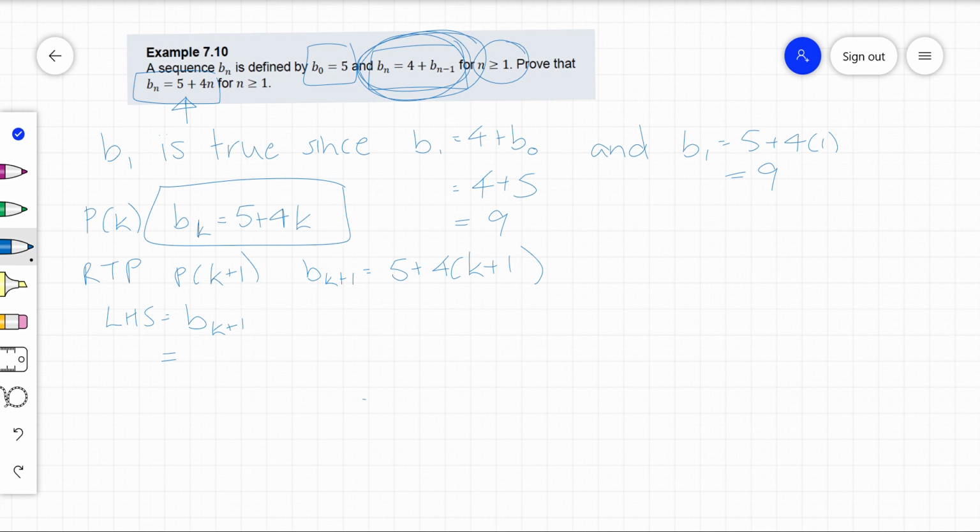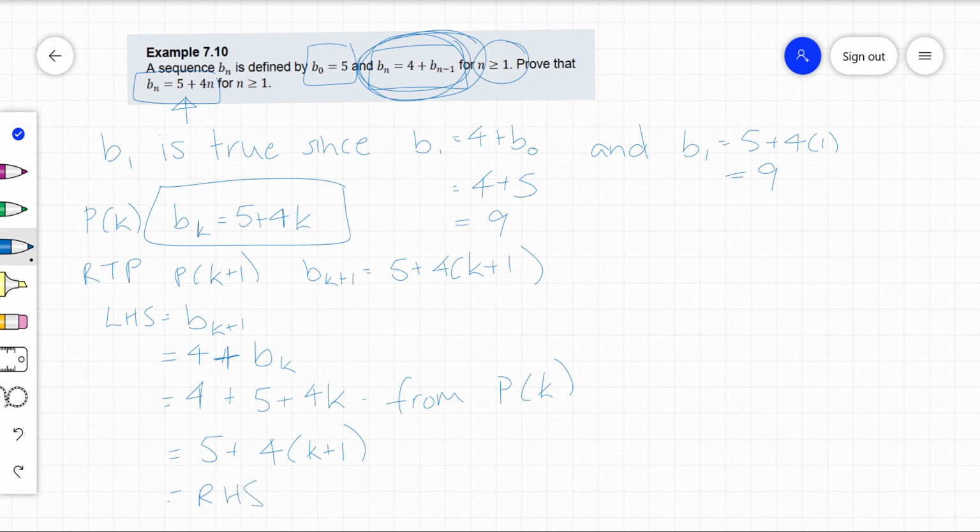So our B of k plus 1 is just 4 plus B of k plus 1 minus 1, which is B of k. Sorry, that's 4 plus B of k. And now we can use this bit from P of k, which gives us 5 plus, if we take the 5 separately, and if we factorise the 4 terms with 4 factors of 4 in them, we get that, which is what we wanted, which is our right-hand side.